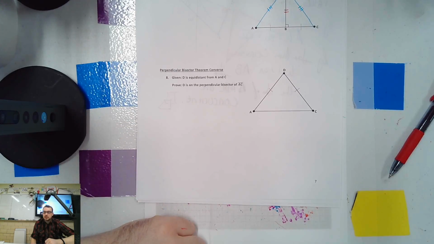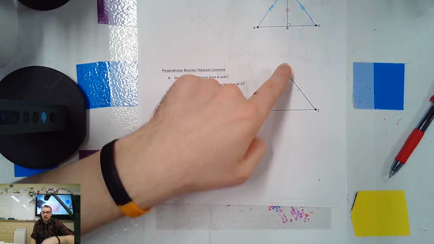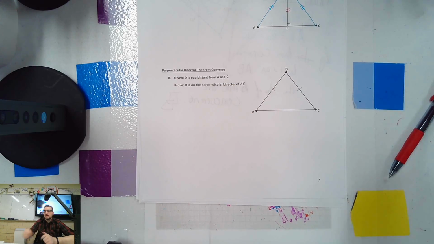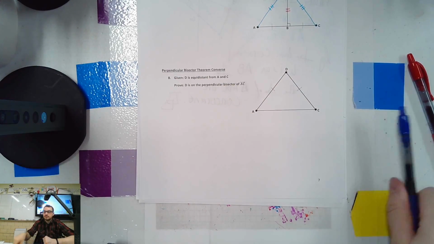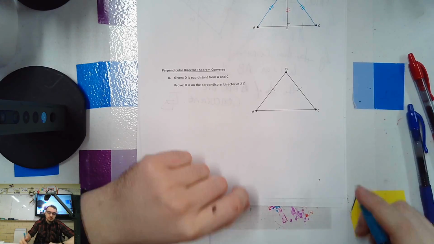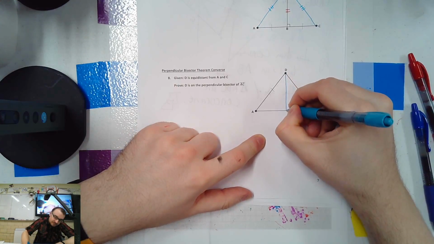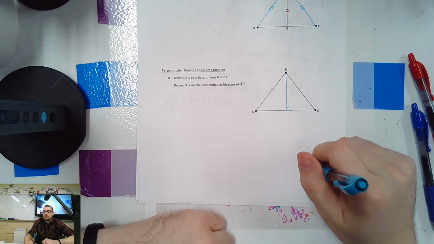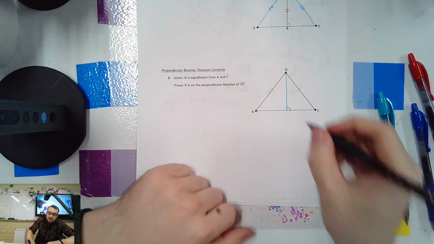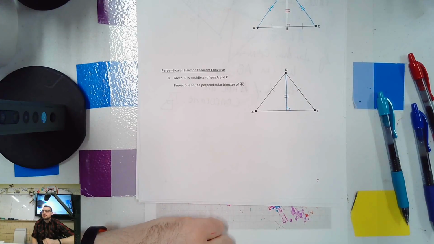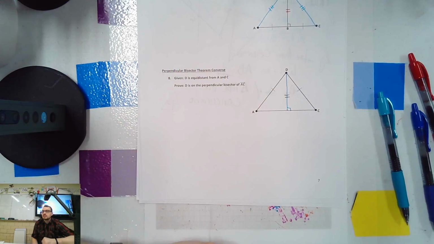How do you prove the converse? That if it's the same distance, then it's on the perpendicular bisector. This one's a little more complicated. What do we have to draw in? We drop a 90 degree, right? Allowed to do that whenever. And then we prove by HL, hypotenuse leg, that the triangles are congruent.